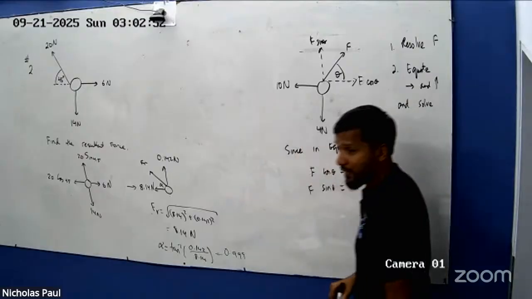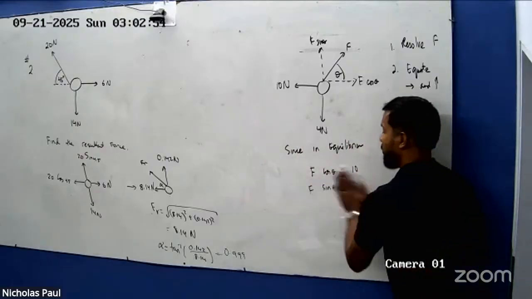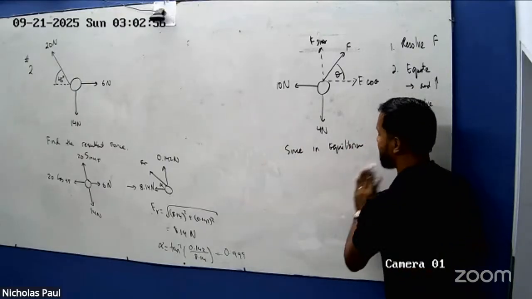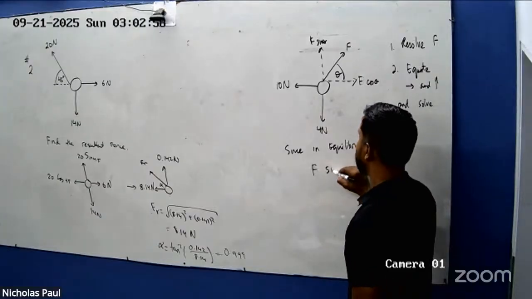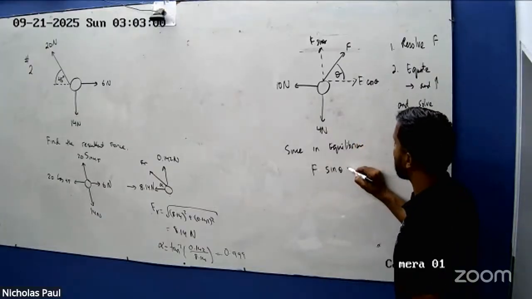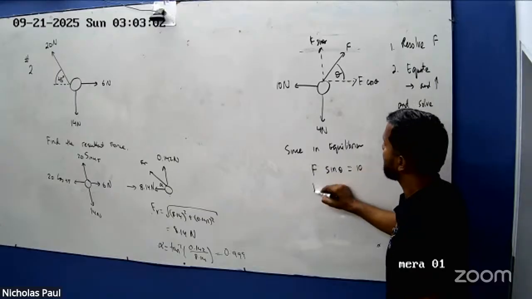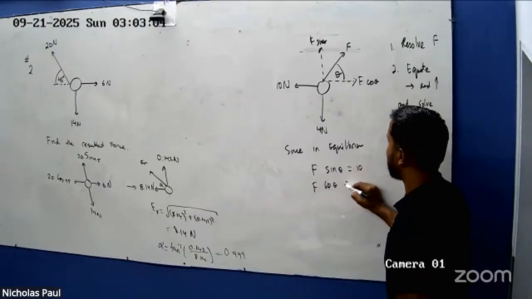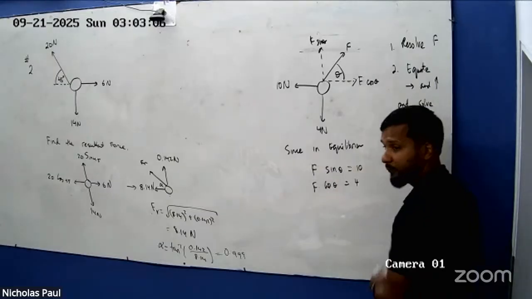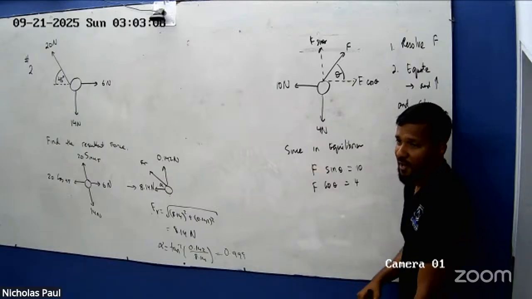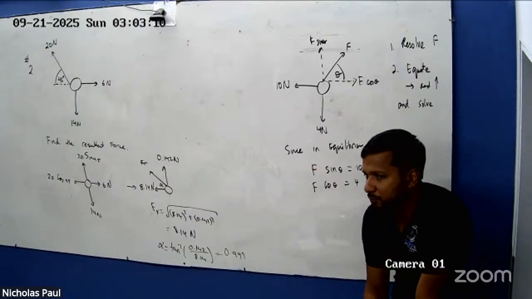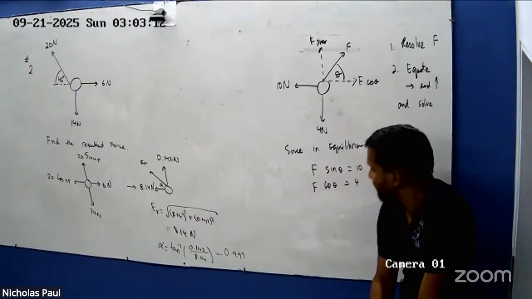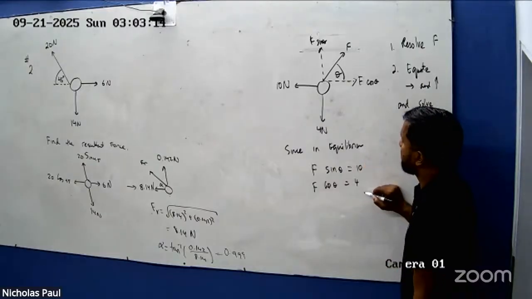What are you doing next? Now, I'm putting this sign on top for a reason: F sine theta is 10 and F cos theta is 4. Any ideas? You have to solve simultaneously. What do you do?